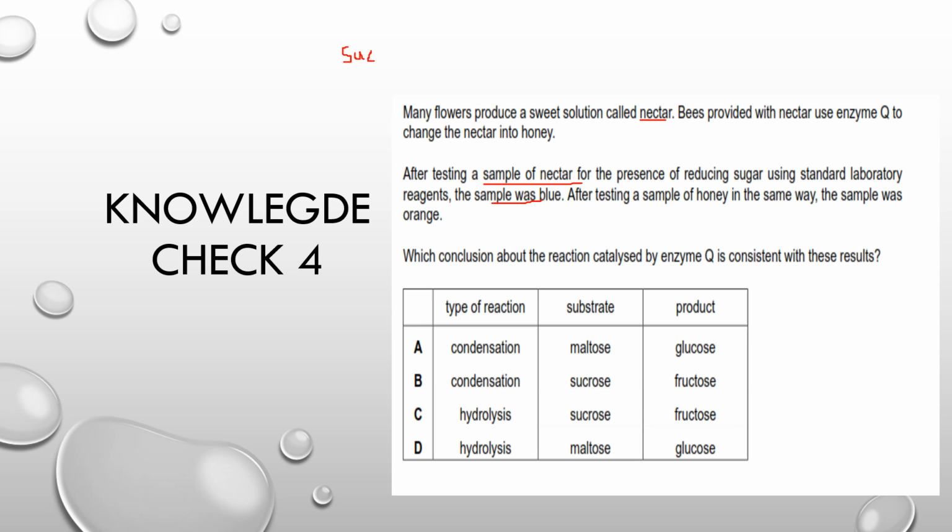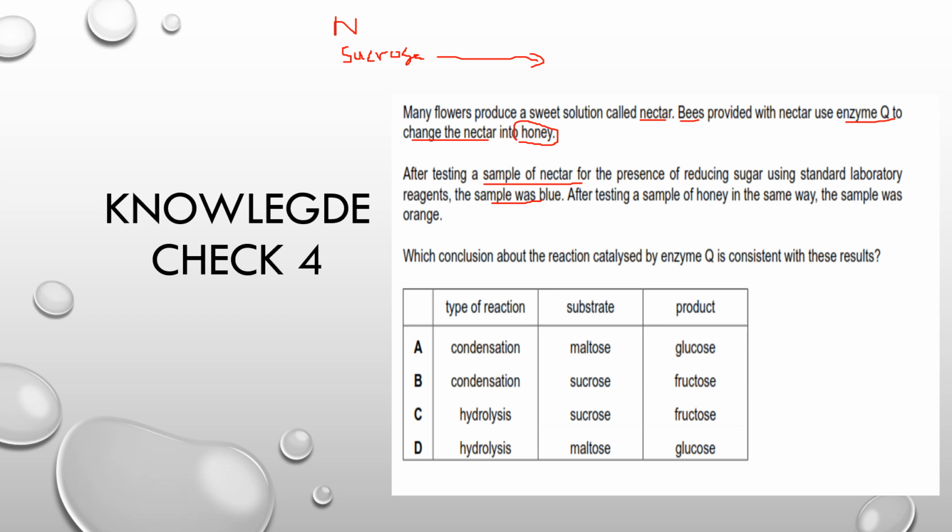Because sucrose, if you test it with Benedict's solution, would not change the color from blue to any other. So this is nectar. But when we gave nectar to bees, the bees converted it using enzyme Q, changing nectar to honey.